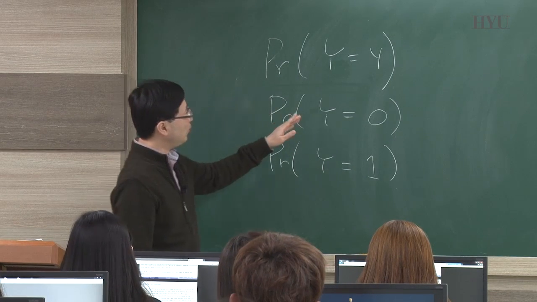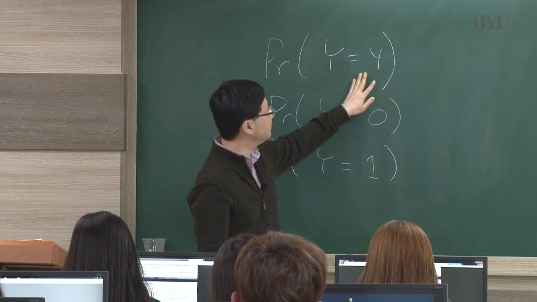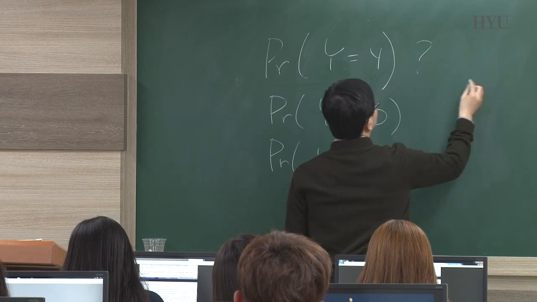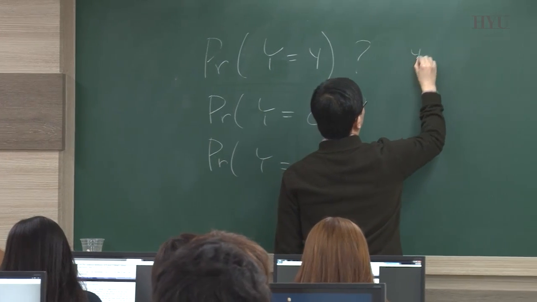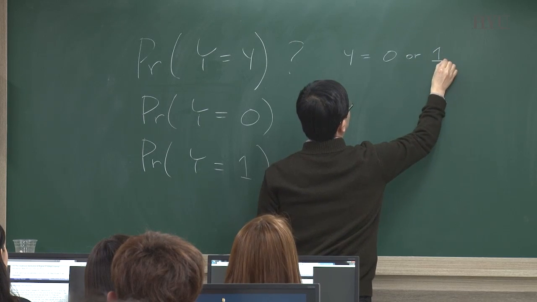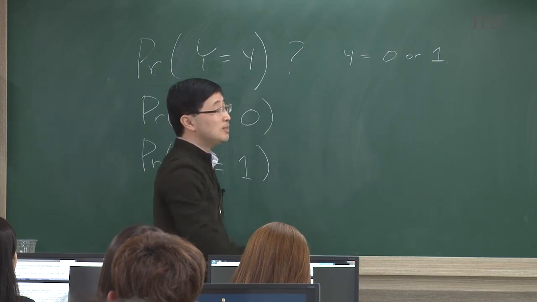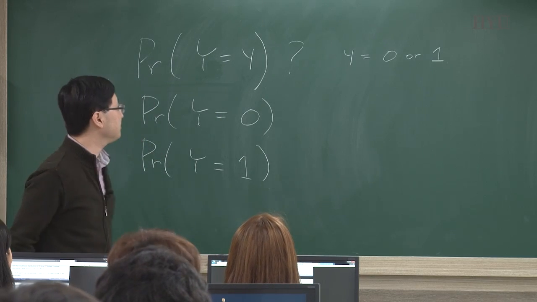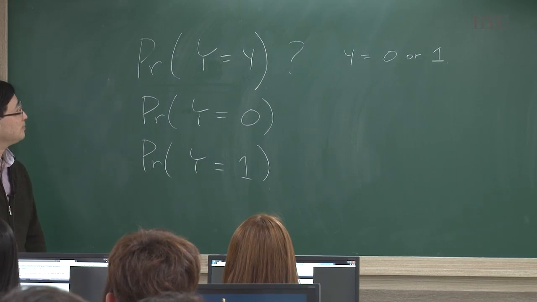So that's the difference between capital letter and lowercase letter. In this expression, we can say that the small y can be 0 or 1, but we don't want to say such a thing for the capital letter, right? Because it doesn't make sense. So that's the convention.